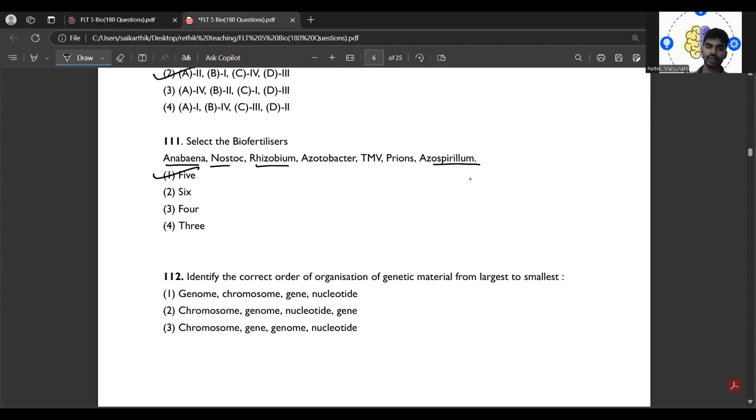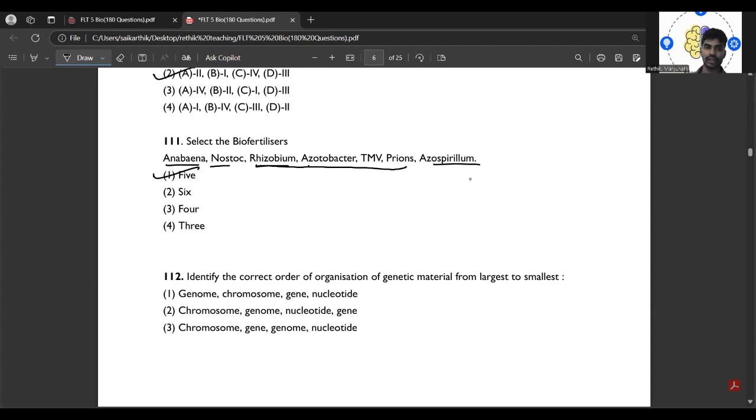So what would be the correct option here? Select the biofertilizers. Azotobacter, Azospirillum, TMV, then the prions. Four are listed in total.